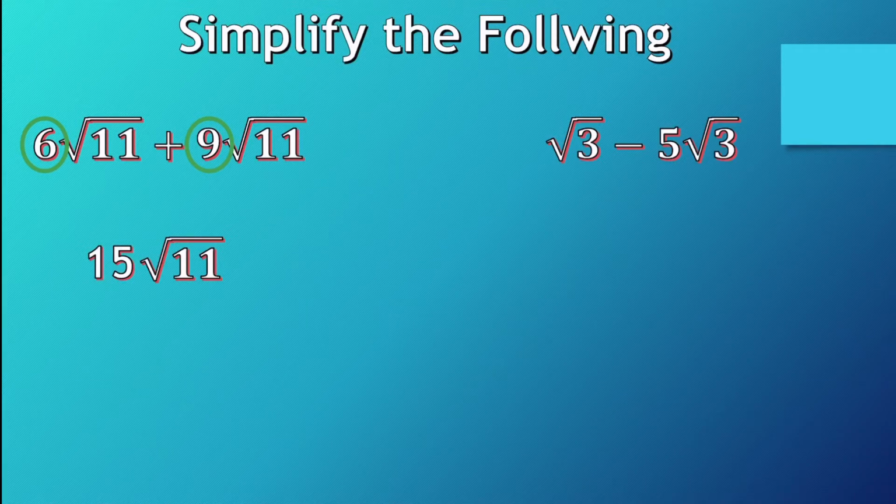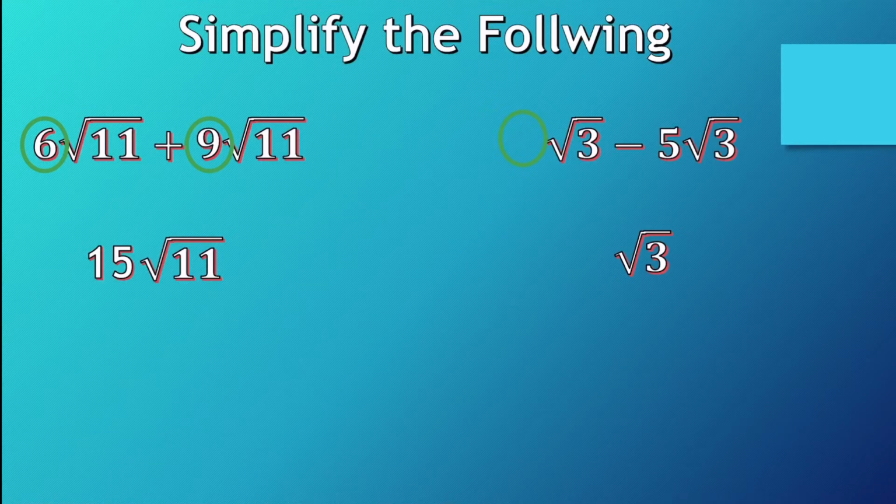I'm done. So let's go look here. Here, my radicand's 3. My radicand's also 3. My root is a 2. The other root is a 2. I can combine them. So I have to look. What's in front of this square root of 3?